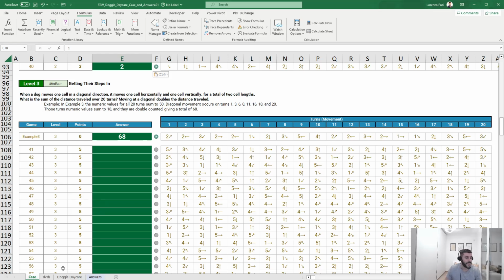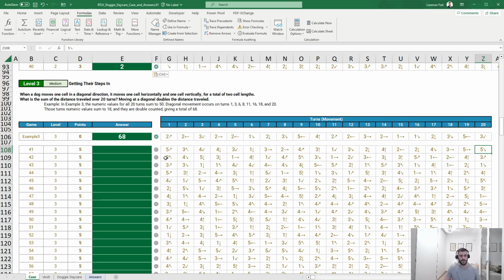Okay. Well, there are two ways to approach this. Either you build the logic exactly as stated, or, but I think I did this in level 4, you understand where you're going to end up by applying these movements. Let's say you start from cell A1 and you apply all these movements, you will end up in some cell, and you calculate the distance from the end cell compared to the starting cell.